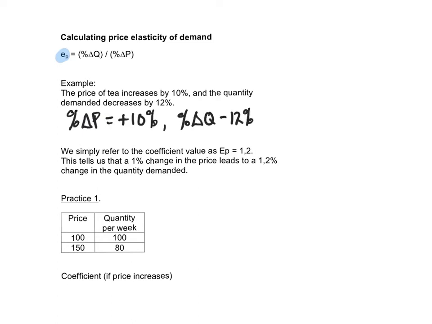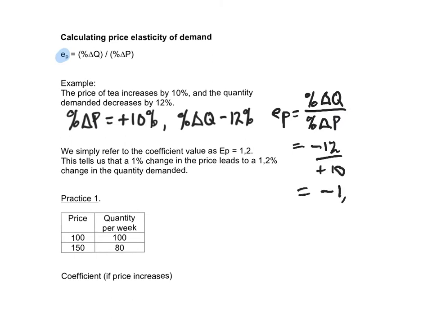Our price elasticity coefficient will be the percentage change in quantity divided by the percentage change in the price. That gives us minus 12 divided by plus 10, which mathematically gives a value of minus 1,2.